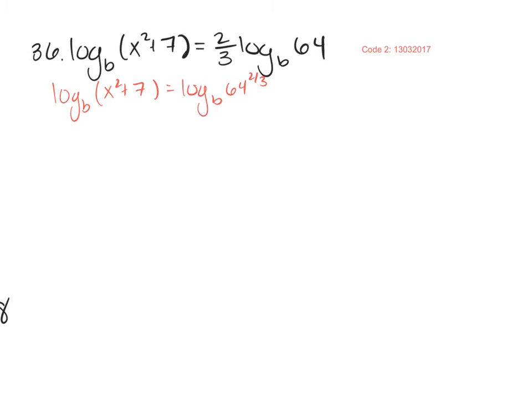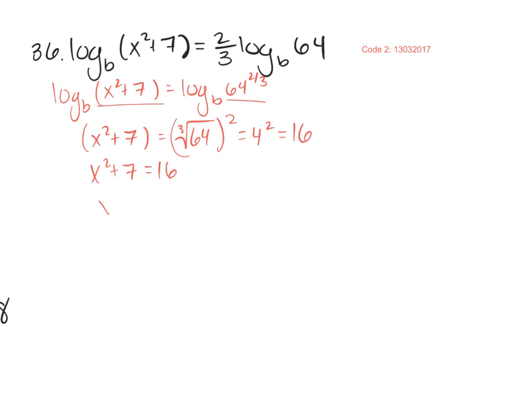And now I'm going to take x squared plus 7 and set it equal to 64 to the 2/3 because the bases of the logs are the same. So I get x squared plus 7 is equal to the cube root of 64 squared, which is just 4 squared, so this is 16. So I've got x squared plus 7 is equal to 16. Subtract 7 from each side and take the square root.